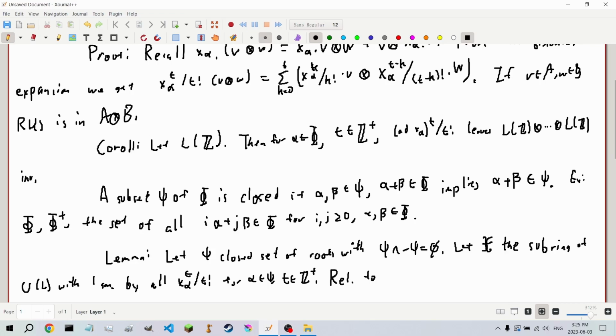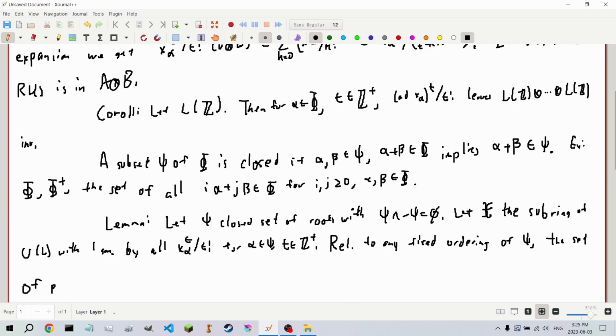Then relative to any fixed ordering of our system, the set of products in the given order of x alpha to the t alpha over t alpha factorial forms a basis for the integer module X.